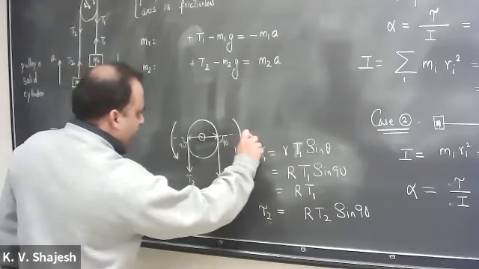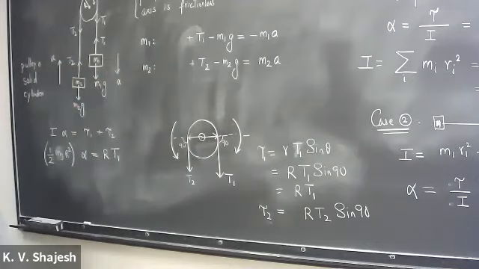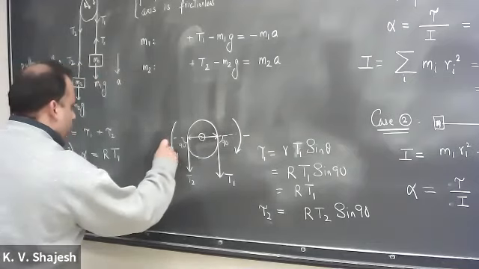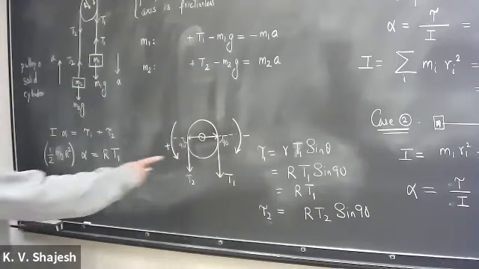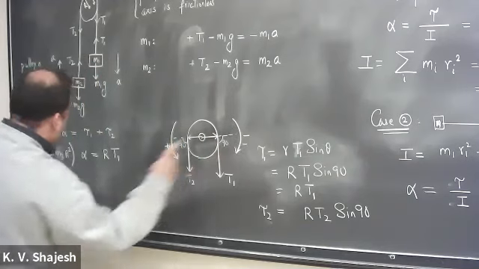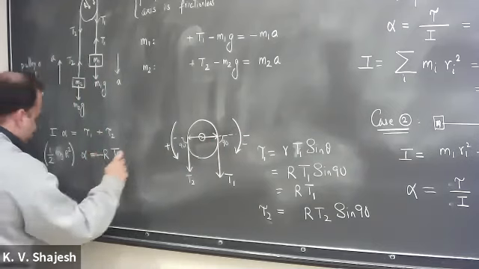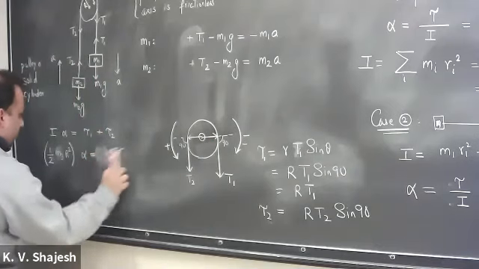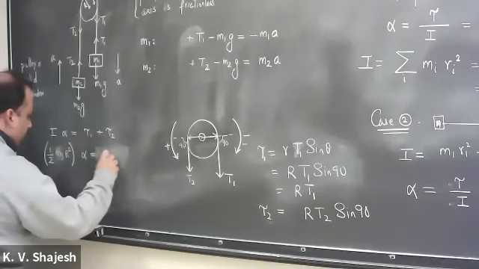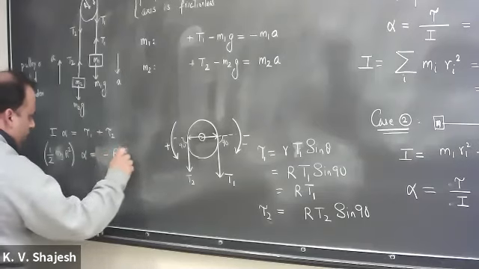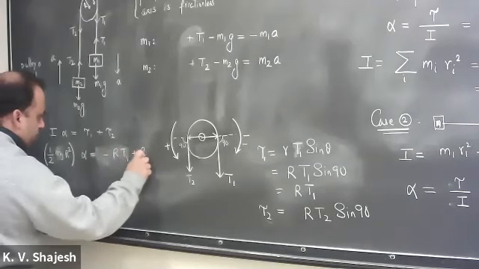This was negative. We said anything going clockwise will be negative, and this will be positive. So R times T1 will be negative. So that's negative here. And this is plus R times T2. So it's clear. This is minus R times T1 plus R times T2.